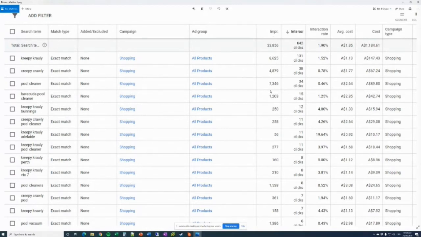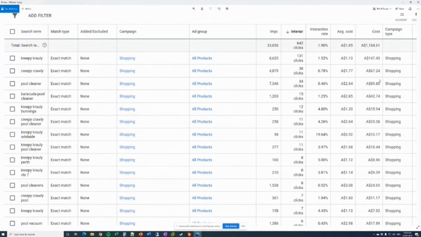The first column is the number of searches that triggered that ad, and Creepy Crawly has 8,600 triggers, but the C spelling has nearly half as much. If you hadn't set that up as a term, you would not have triggered that traffic.